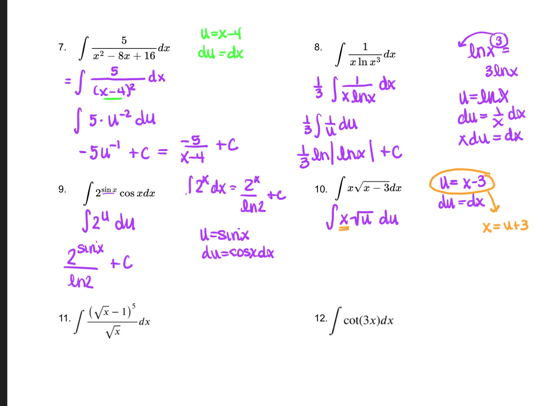So this is really the integral of u plus 3 square root of u du. We got a product, so let's simplify it. Integrate. 3 halves will go to the 5 halves with a 2/5 out in front, and u was the x minus 3.